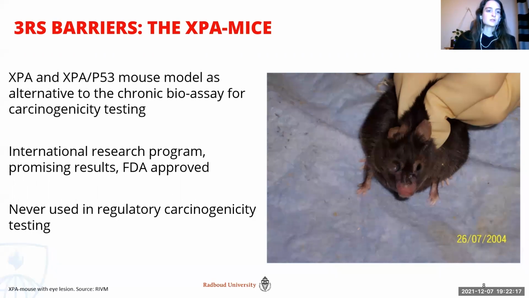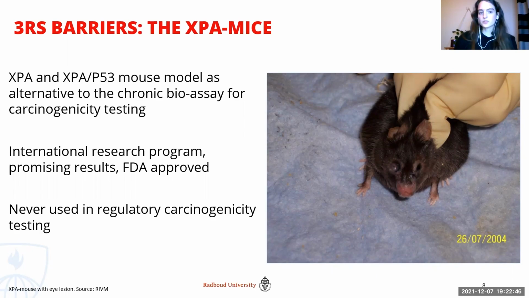So in this case, the mouse is actually the alternative to other mice. And there was a big international research program with XPA mice and also XPA-P53, because they found the cross was even better than just XPA. And also I think there was a hamster involved to see if they could replace the standard mouse bioassay.